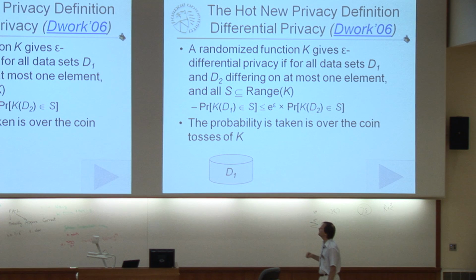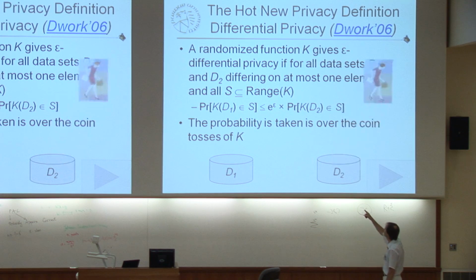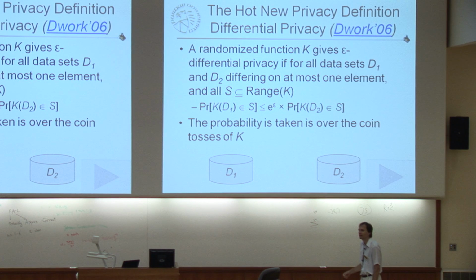But the way we say it's enough noise is this: if I created a second database, which is a copy, but I removed an individual from it, I shouldn't be able to tell these two apart. And that should hold for any database D1 and any individual that I remove. I've added enough noise to protect any possible database and any possible individual being removed.